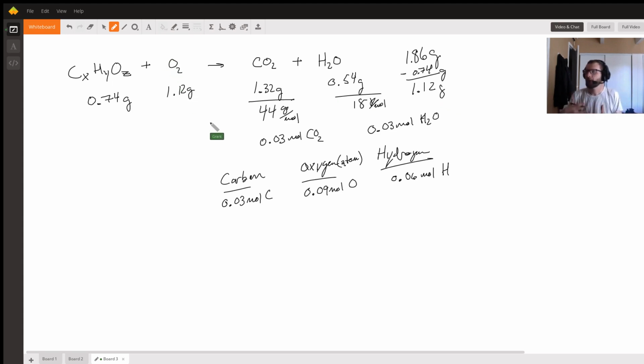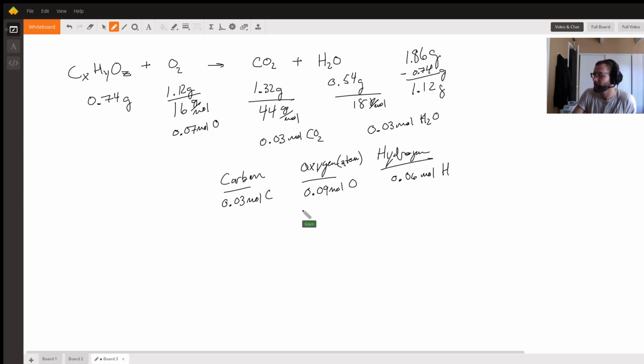And that way we can figure out what to subtract. We're going to divide this by 16 grams per mole. Even though oxygen here is diatomic, we want to find the amount of oxygen atoms, not the amount of oxygen molecules. So we take 1.12 divided by 16, and we get 0.07 moles of oxygen atoms.